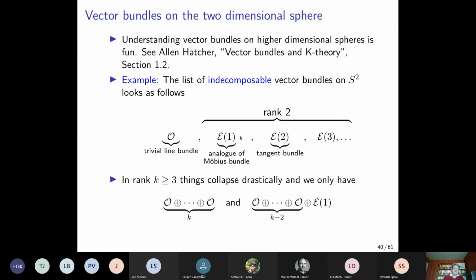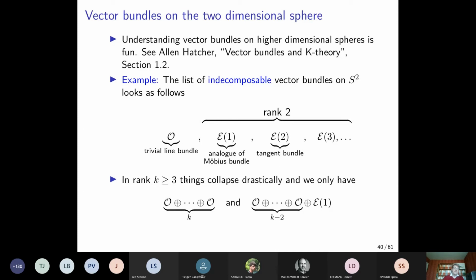The list of indecomposable vector bundles is here. So we have the trivial line bundle, and there's a tangent bundle, which has rank 2, which we already saw. And then it turns out that there's actually a more fundamental vector bundle than the tangent bundle, which is harder to construct, harder to visualize, but it's there. You can view it in various ways, but it's a bit like an analog of the Mobius bundle.